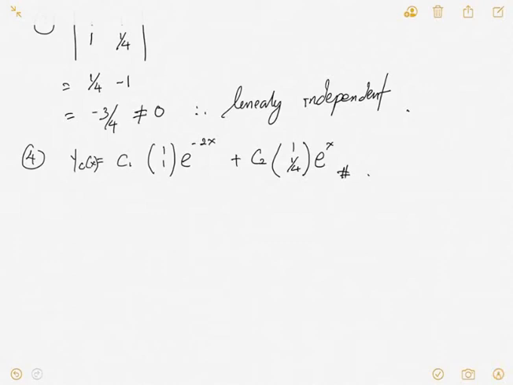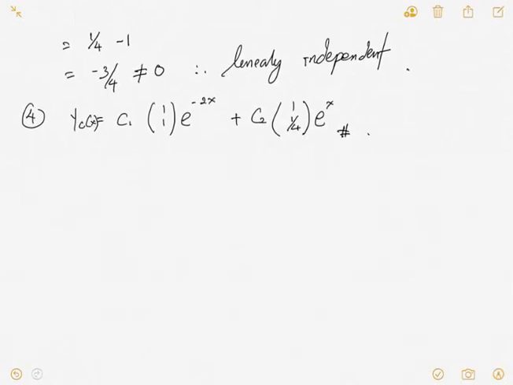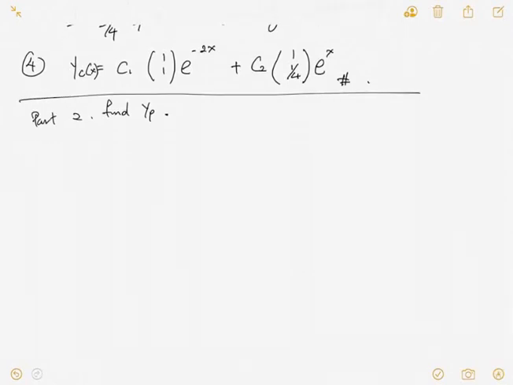For non-homogeneous, we need to find the YP. So part 2 is to find YP. First of all, you need to assume the YP. How to find the YP? You need to know what is the G value.